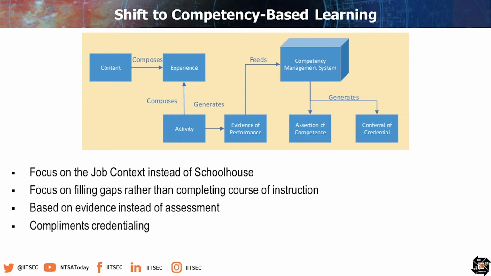And competencies are complementary to credentials, but they are not the same thing. In particular, credentials are based on trust, and the trust is in the trusted officials who sign off on the credential, who are provided the information that comes from the evidence of competency in order to be able to make their decisions.